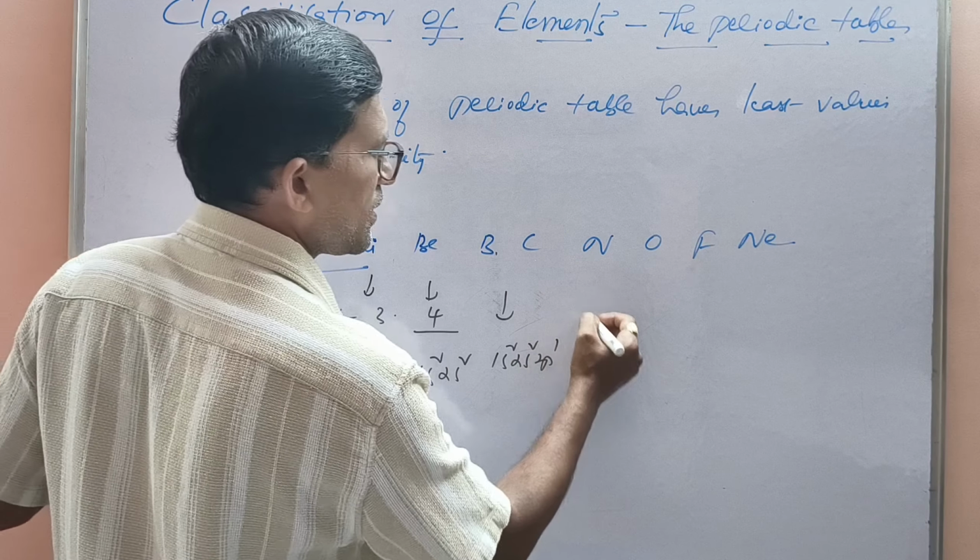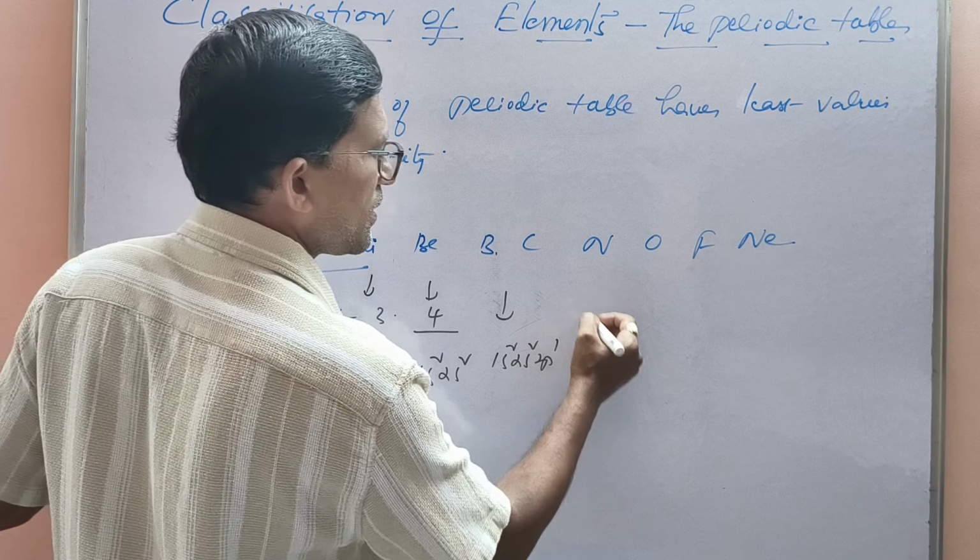Nitrogen is 1s2, 2s2, 2p3. Oxygen is 1s2, 2s2, 2p4. Fluorine is 1s2, 2s2, 2p5. And neon is 1s2, 2s2, 2p6.